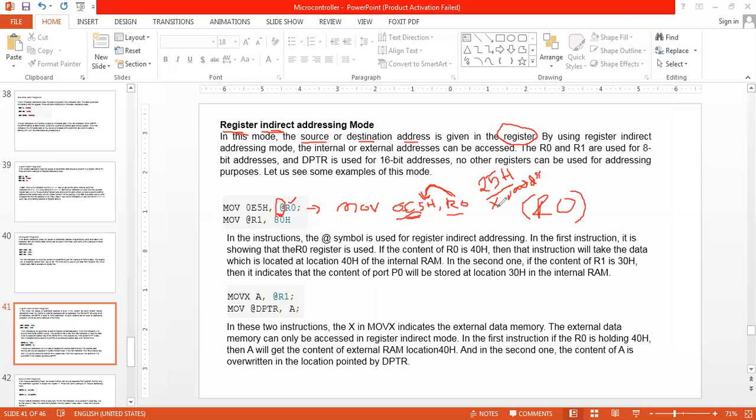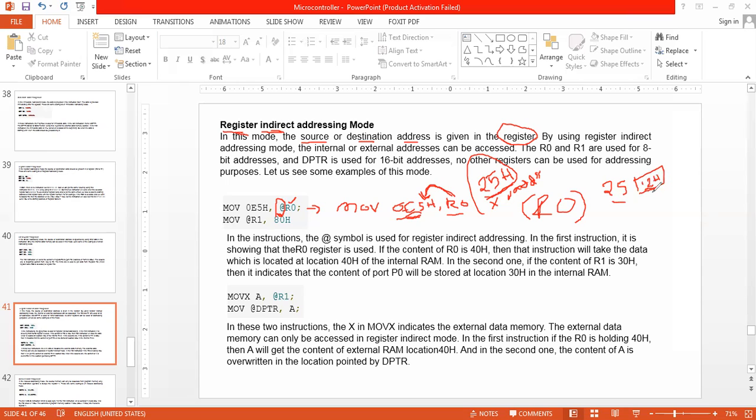So now what will happen? Whatever the data present inside the 25H, again I have to look for the 25H memory location. And 25H is having one data inside it, say 12H.